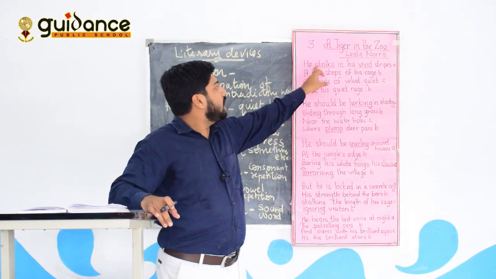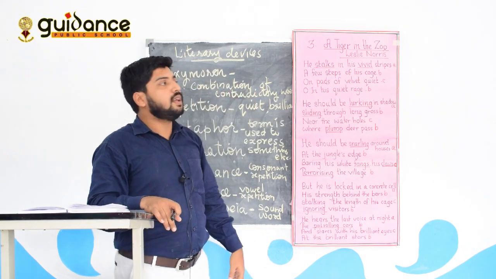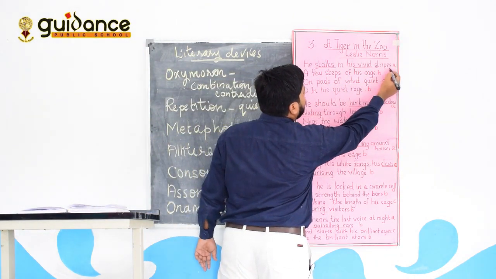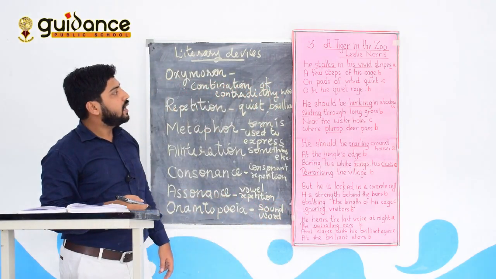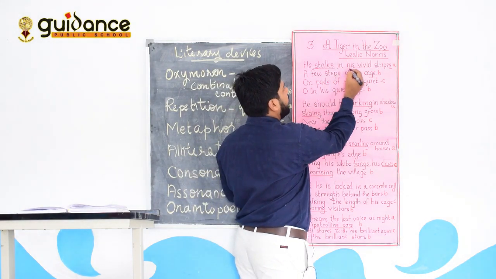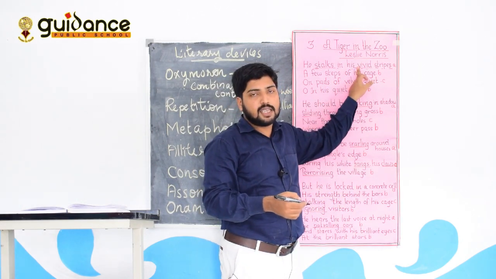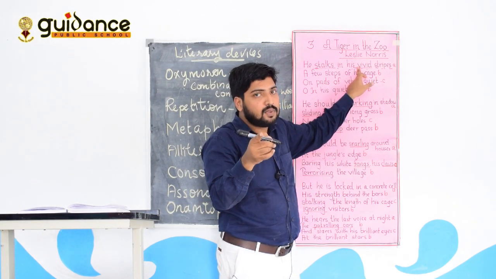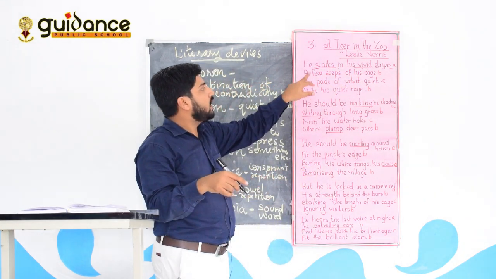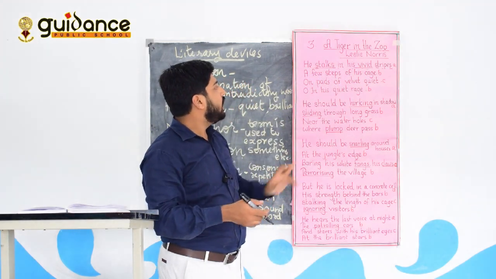So the consonant sound 's' is repeated in this line, and that specialty is called consonance. Then another sound, the 'i' sound, is repeated in this line. It is a vowel sound, so it can be called assonance. So consonance is there, assonance is there. Understand? And another one.